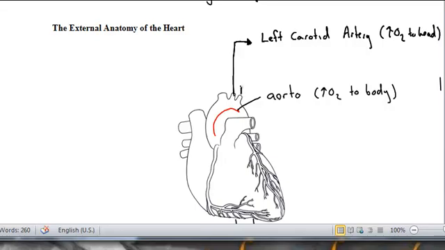Just below it, heading off to your arm, if you remember last day, goes below the clavicle. This is your left subclavian artery, just sending high O2 to arm.